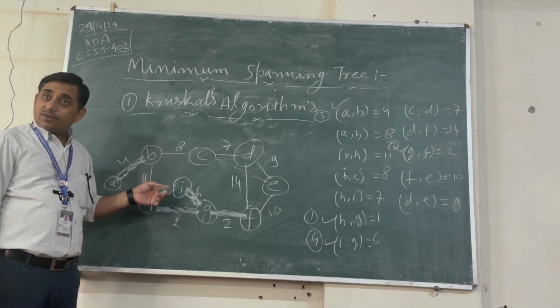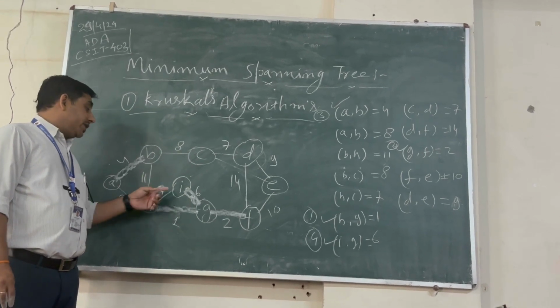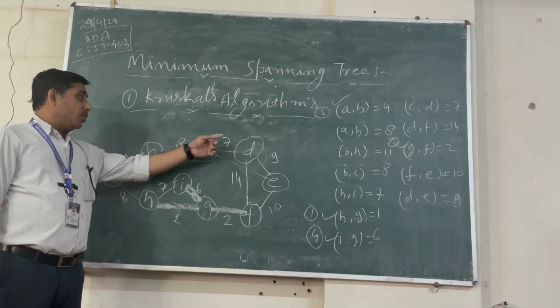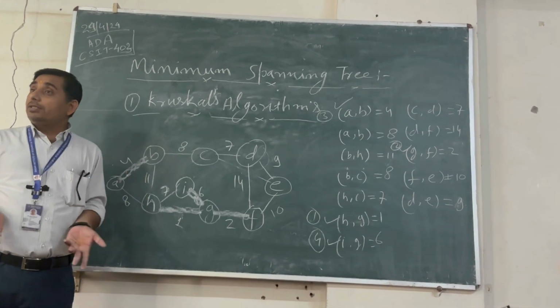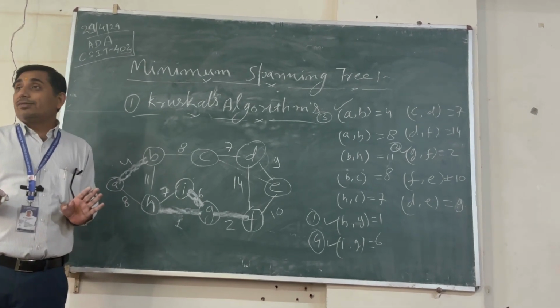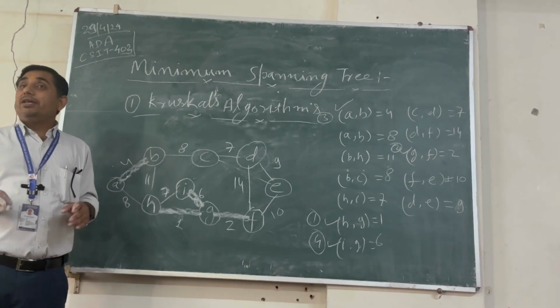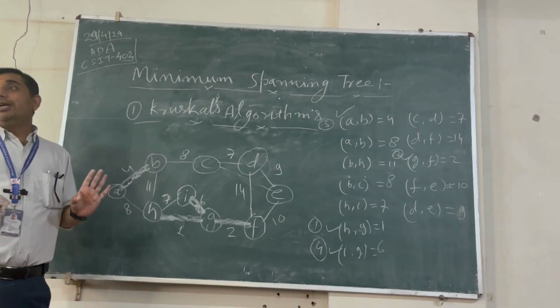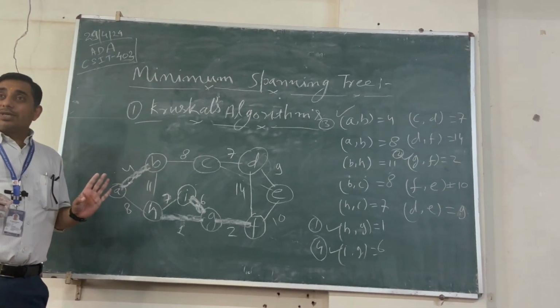Clear? And suppose there is no closed loop, and this 7 and this 7 both are eligible, so which one will we select? Anyone you can select, but you select just only one. Clear?